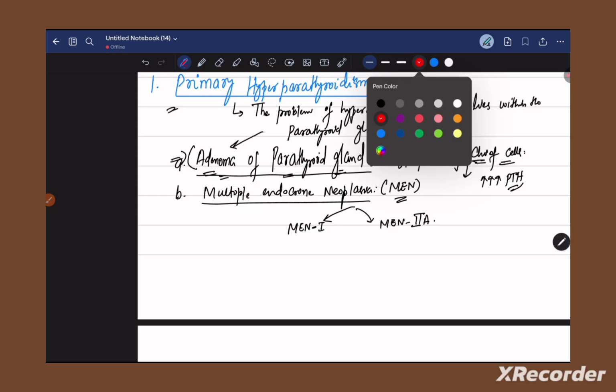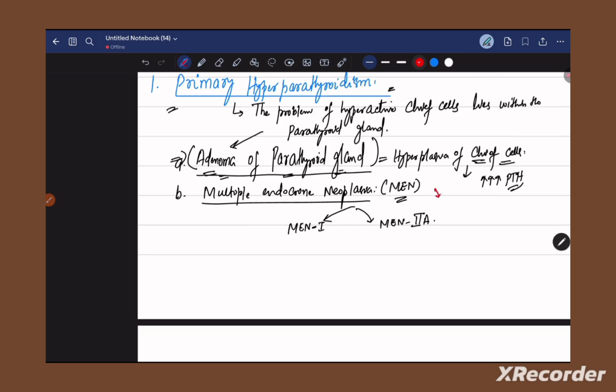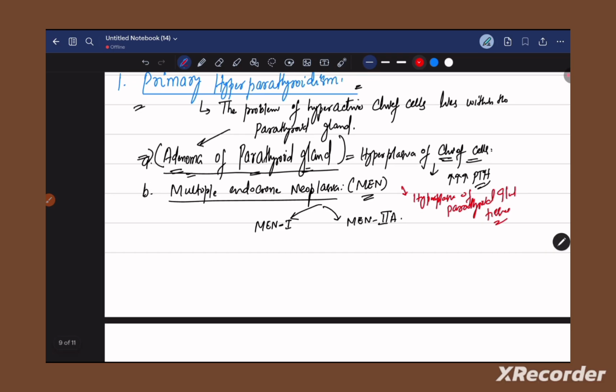What you have to remember, in multiple endocrine neoplasia, in general there is hyperplasia of parathyroid gland tissue. In MEN 1, it is manifested by three findings. You can remember it by 3 P's.